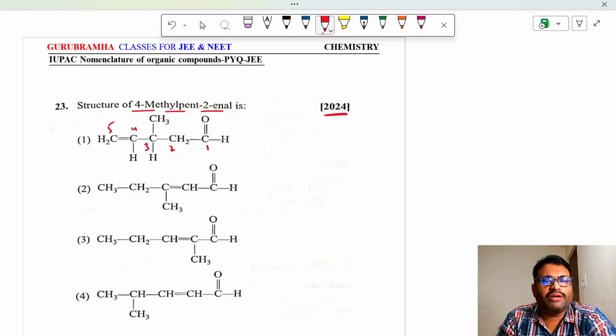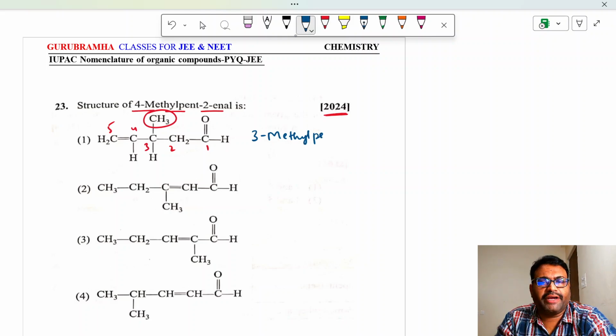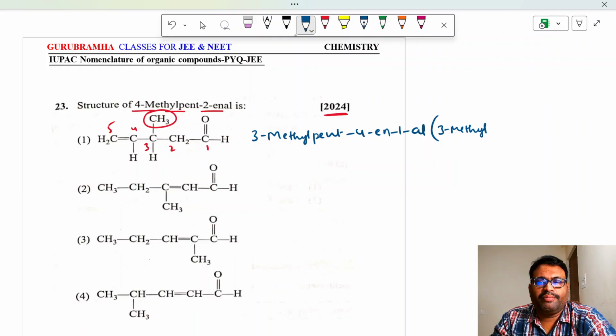At the third carbon you have a methyl group, so you write 3 methyl. 5 carbon atoms, pent. At the fourth carbon atom you find a double bond, 4 ene. At the first carbon atom you have an aldehyde group, 1 al. You need not mention this 1. You can also write simply 3 methyl pent 4 enal.